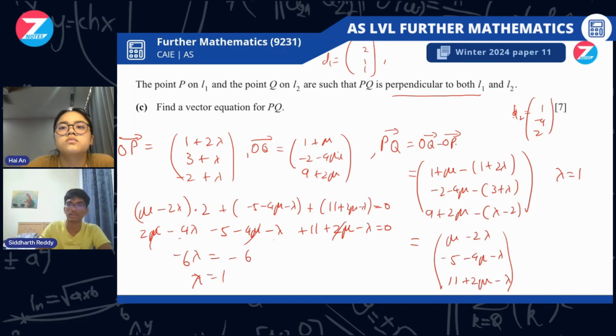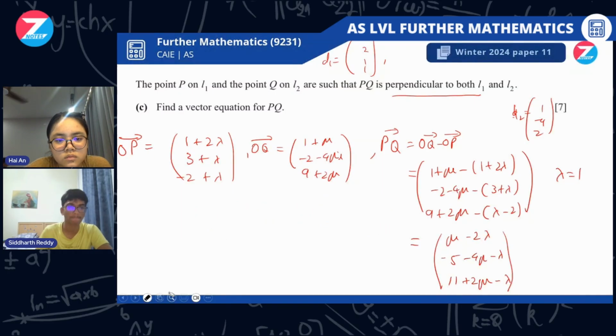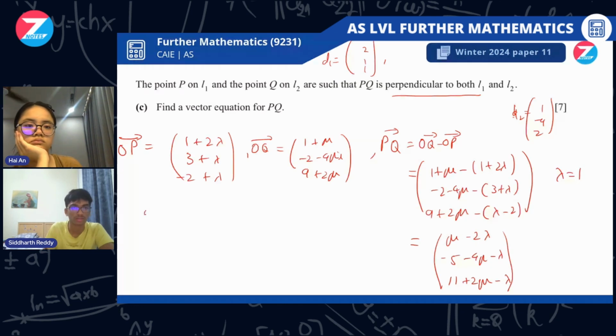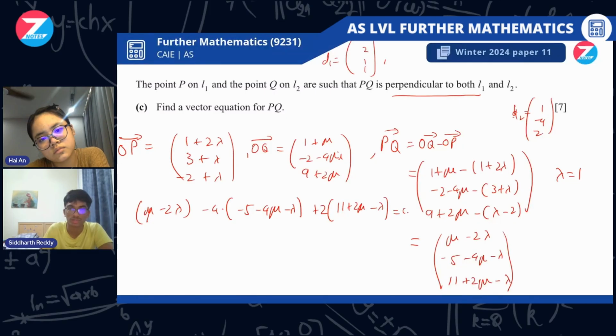And now we do the same with the other direction vector. So we've got mu minus 2 lambda times 1, that's mu minus 2 lambda, minus 4 times minus 5 minus 4 mu minus lambda, plus 2 times 11 plus 2 mu minus lambda, equal to 0.